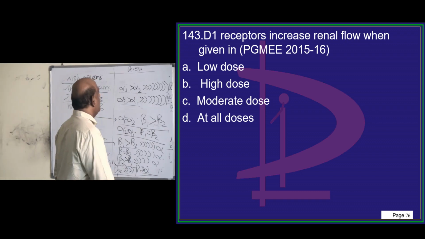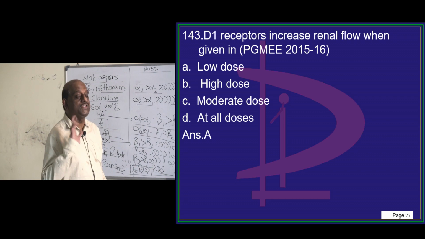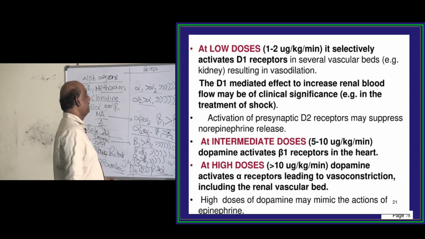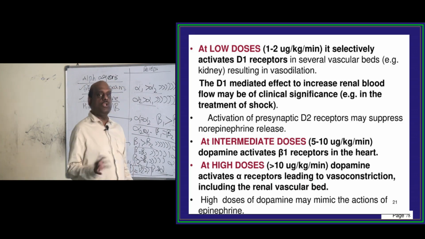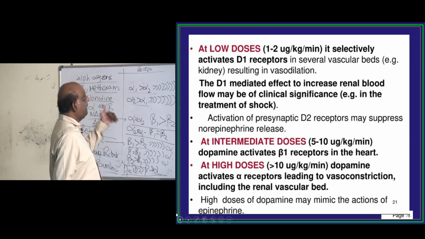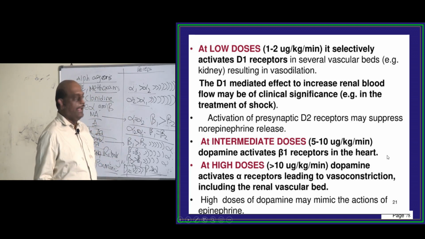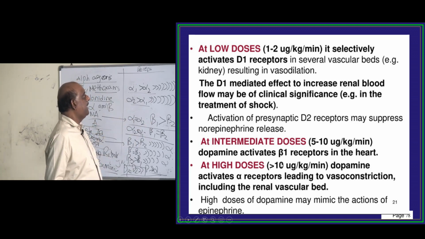Now doc, D1 receptors increase the renal blood flow when? If it is a low dose of dopamine. So how much is a low dose? 1 to 2 microgram per kg per minute means it selectively activates D1 receptors, and that typically increases the renal blood flow.